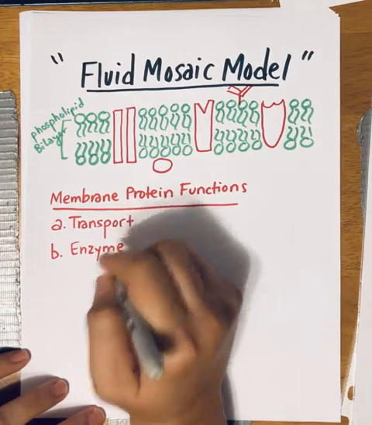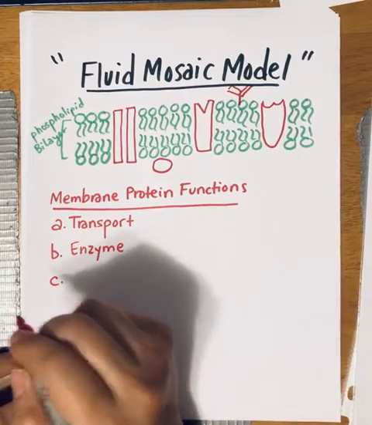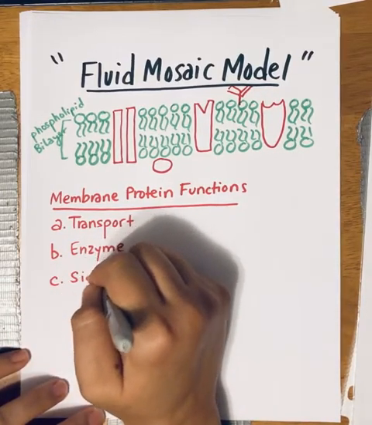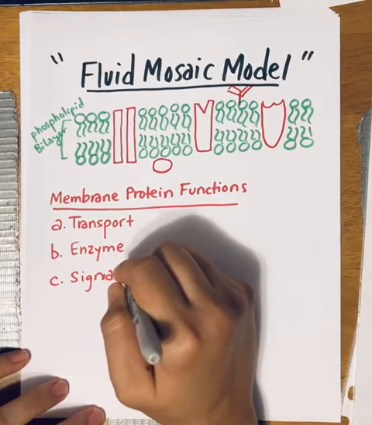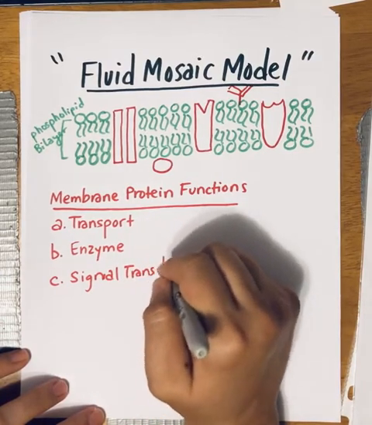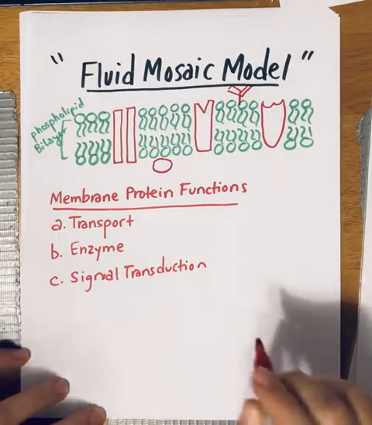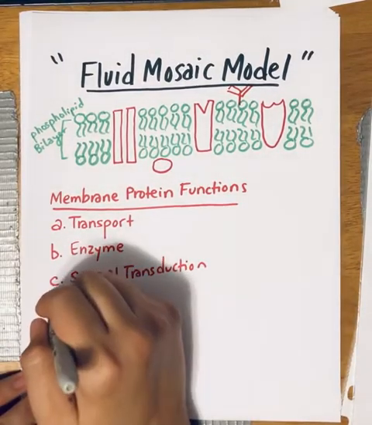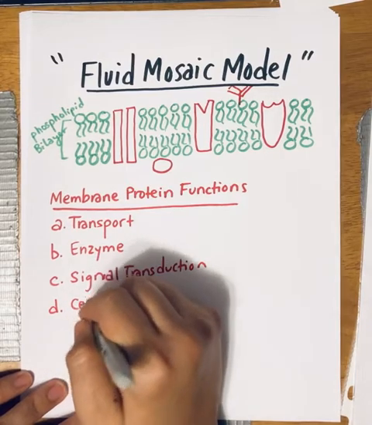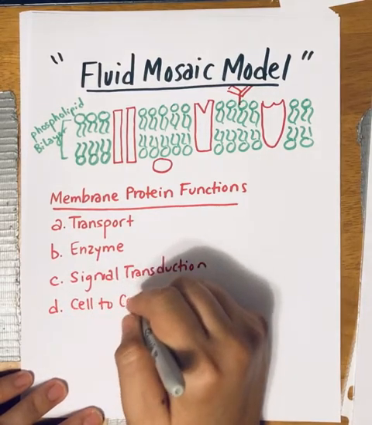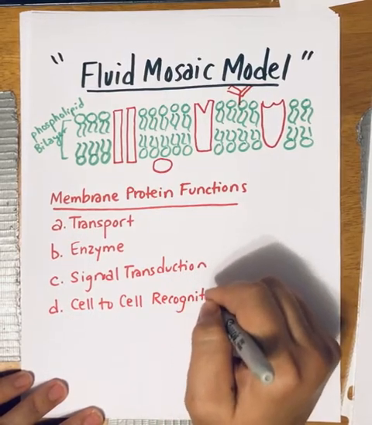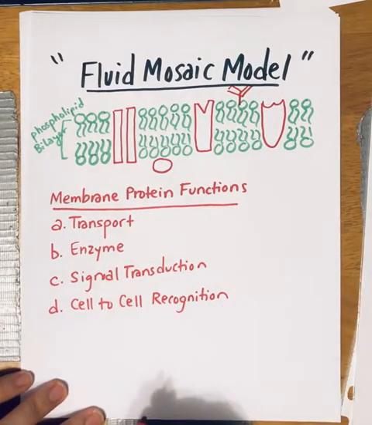I have notes to put for each one of these. The third function is signal transduction, which basically acts like a way to signal the inside of the cell. Cell-to-cell recognition. You got to be able to recognize other cells in our body as self or foreign.